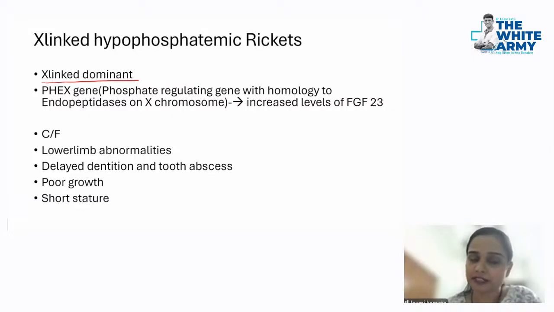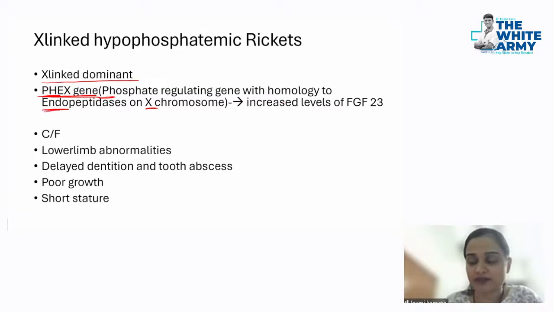That means females will be carriers and males will have symptoms, correct? So what is the problem here? There is a mutation in the PHEX gene. You remember this PHEX, PH is for phosphorus. It is a phosphorus regulating gene, which has similarity with the endopeptidases on the X chromosome. So this is the gene which is affected.